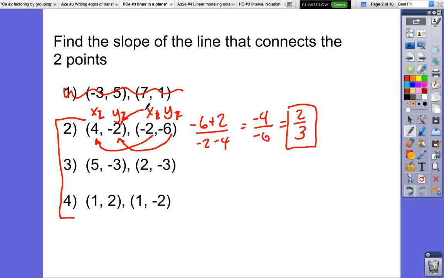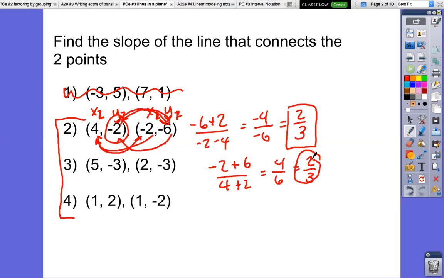I could always do negative 2 plus 6, but if I go from negative 2 over here, then I have to go 4 minus negative 2. Oh, wait a minute. Yeah. So you'll get the same answer either way. You just have to go in the same direction.